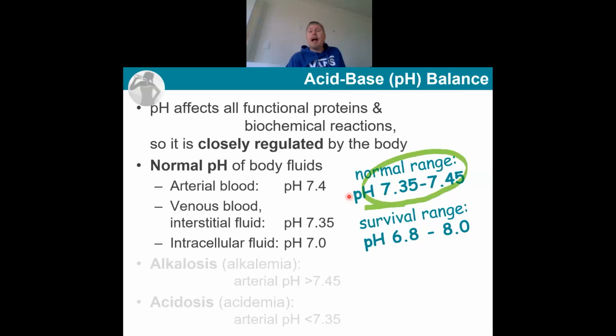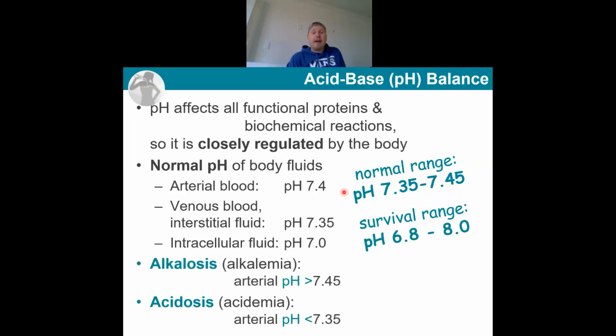And the range outside of which you will die is below 6.8 or above 8 pH. Again, not that large of a range. Our body is, though, amazing at maintaining your blood pH within this very narrow normal range. If we have high pH, we talk about someone going into alkalosis, and low pH, them going into acidosis.